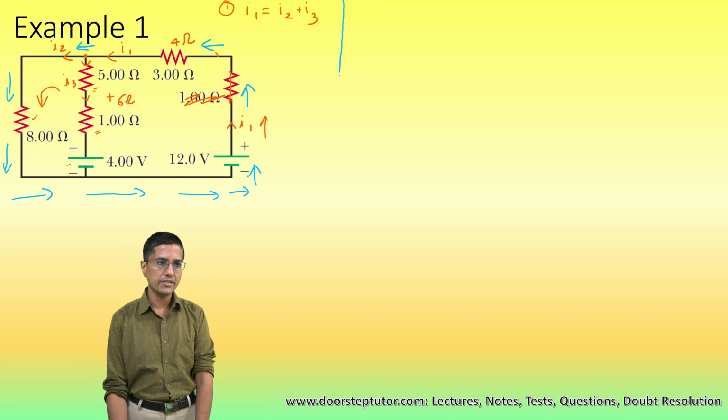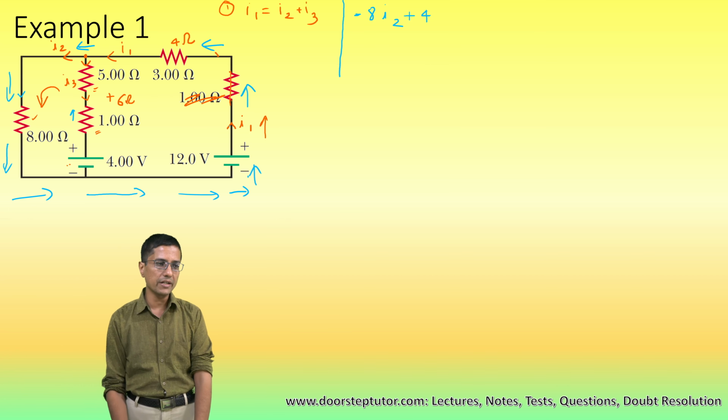Let's just start with this one. So this I3, this I2 is going like this, and we are going in the direction of current across this 8 ohm resistor. So this becomes minus 8 I2. Then we come to this 4 volt battery, going from minus to plus, so this becomes plus 4. Then in this resistance, the I3 current is going downwards and we are going upwards, so we are going opposite to the direction of current.